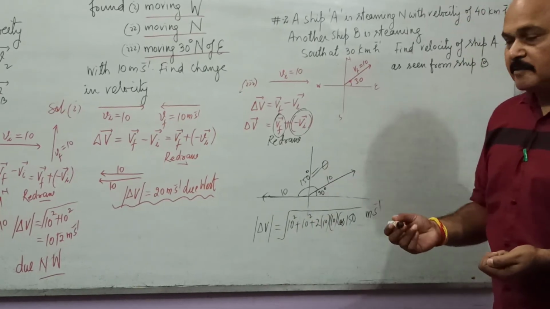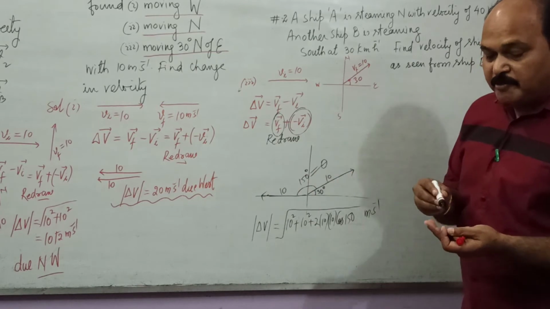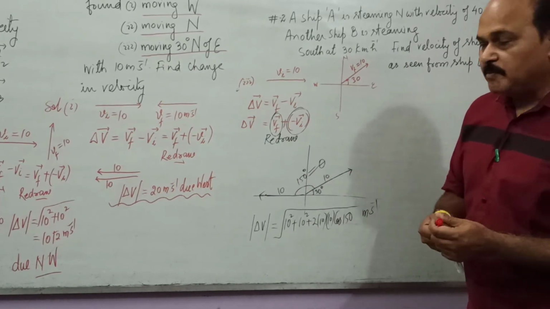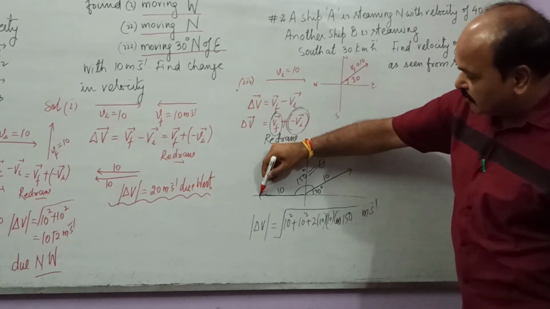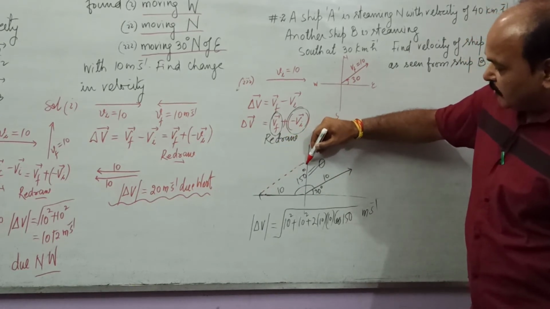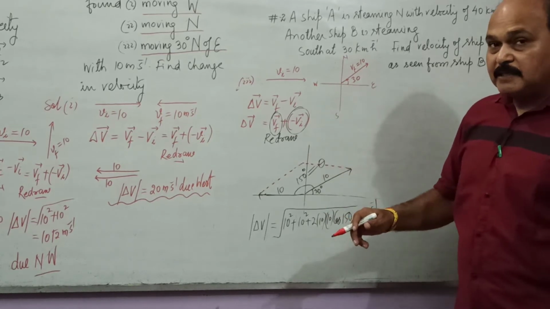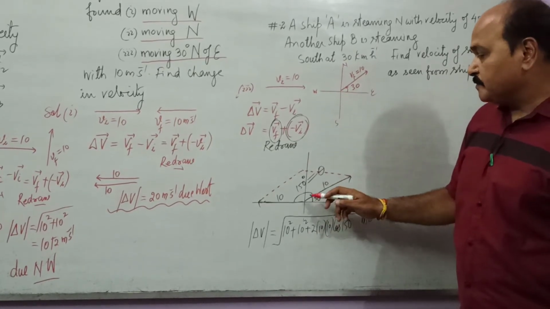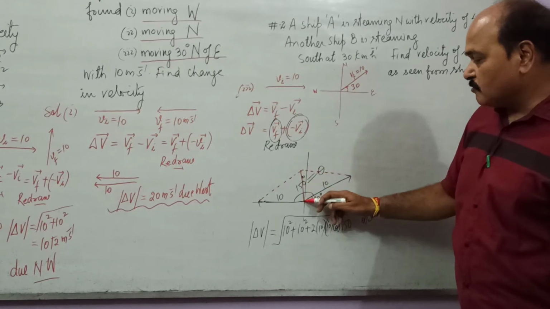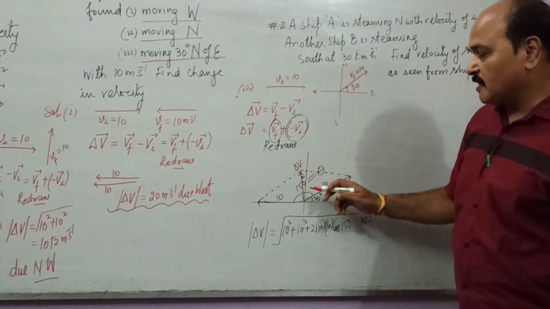What about direction? The direction of the sum of these two vectors is going to be exactly midway. Why exactly midway? Because both these vectors are of equal magnitude. If the adjacent sides of a parallelogram are of equal length, then the diagonal of the parallelogram is also their angle bisector. So this is going to be the delta V vector exactly midway.